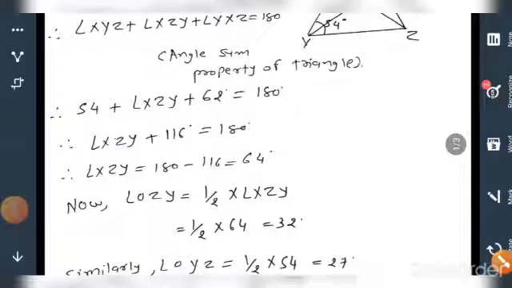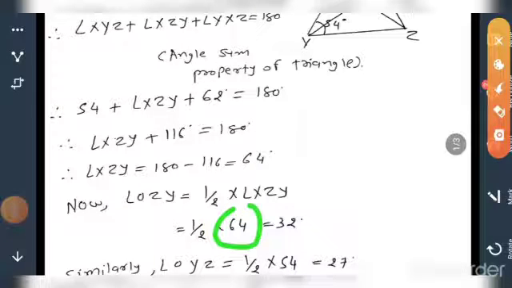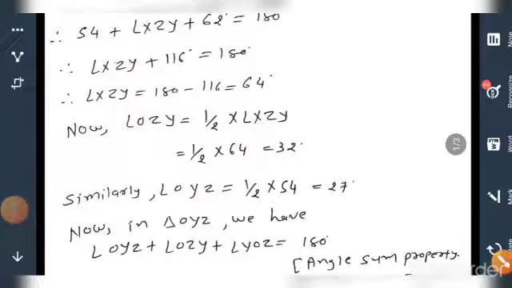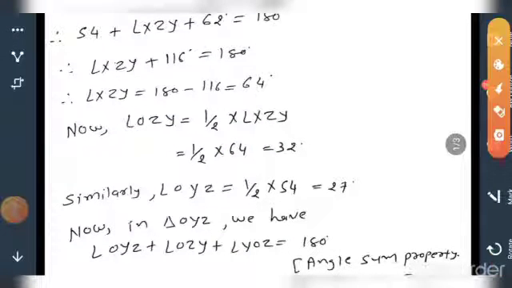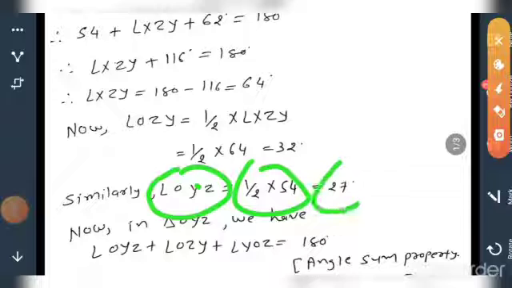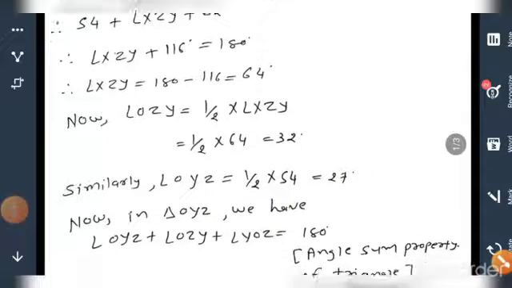By using that, I put the value of xzy, 64, in this, and I get 32 over here. Similarly, you can find the value of oyz is equal to 1 by 2 multiplied by 54 is equal to 27 by using this method.